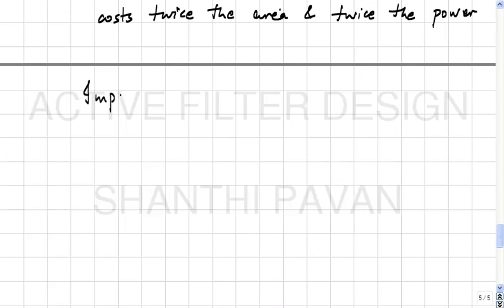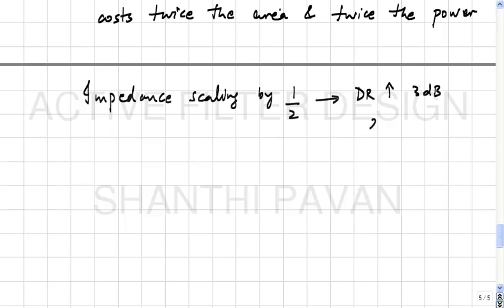Impedance scaling by 1 by 2, in other words, you take the network and reduce every impedance by a factor of 2, the dynamic range goes up by 3 dB, and how do you get this 3 dB? It's 20 log root 2.